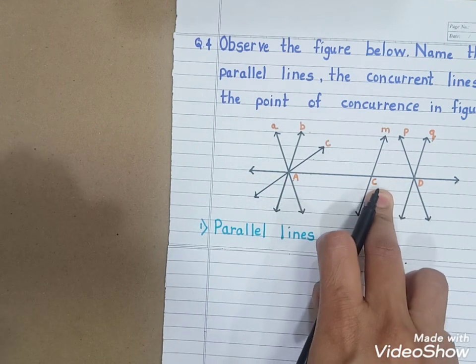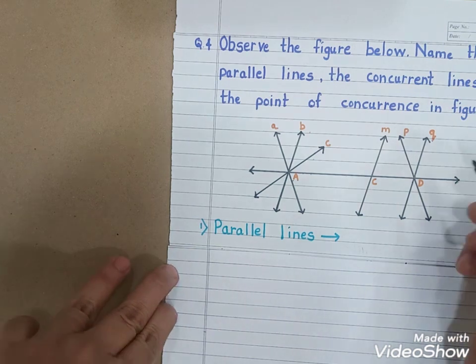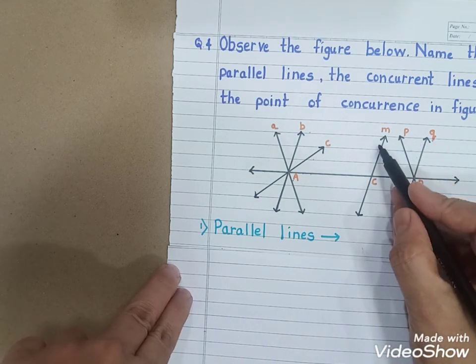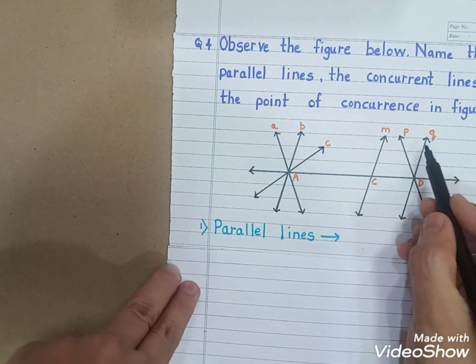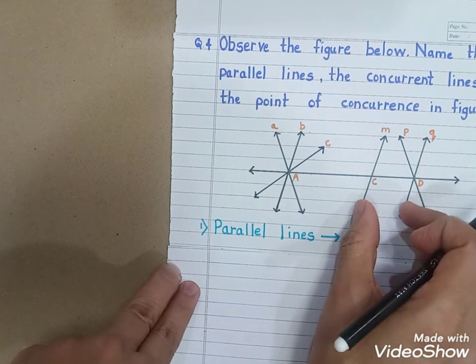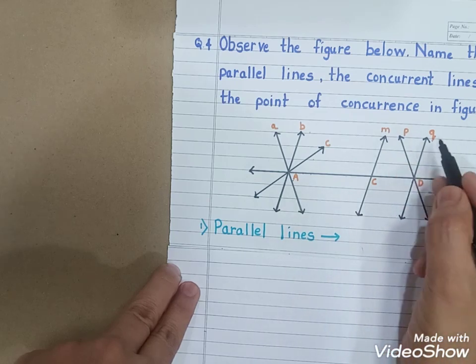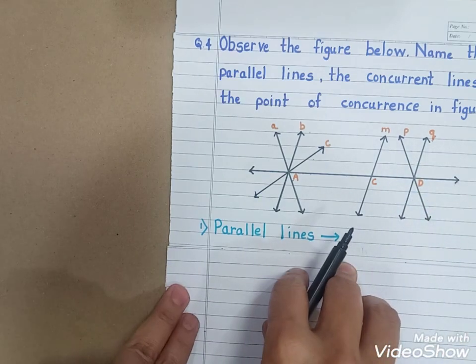Now, what are parallel lines? Lines which lie in the same plane but do not intersect each other are said to be parallel lines. Now, if we take line Q and line M, observe them carefully. These two lines do not intersect each other, and the distance between them remains the same. So line M and Q are parallel lines.